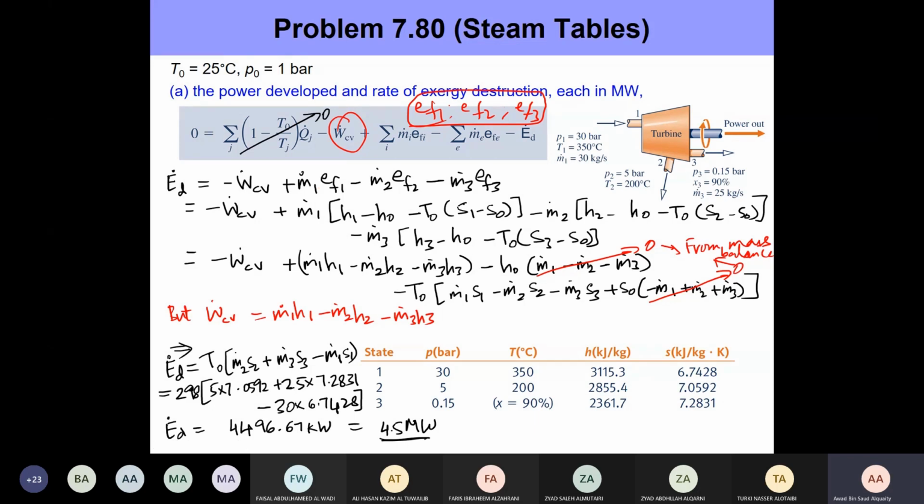In this specific case, it becomes a little bit longer, so you have other shorter ways. This is one way of getting it. There's also another way of getting exergy destruction. So let's look at the other way.